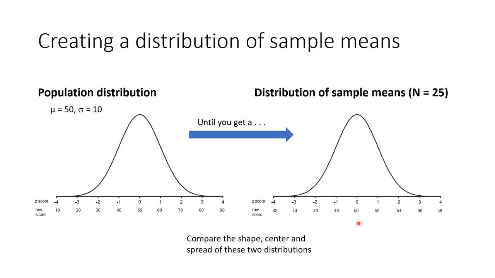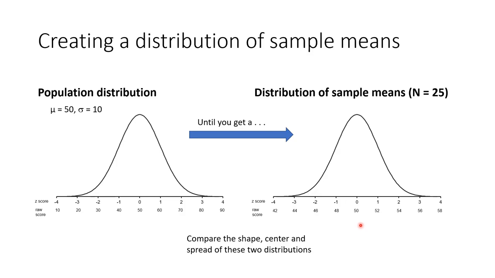Look at what's going on over here. It's much less spread out. And that should make sense, because individual scores are going to be more variable than sample means. Now, the relationship between the spread of the population and the spread of the distribution of sample means is not arbitrary.